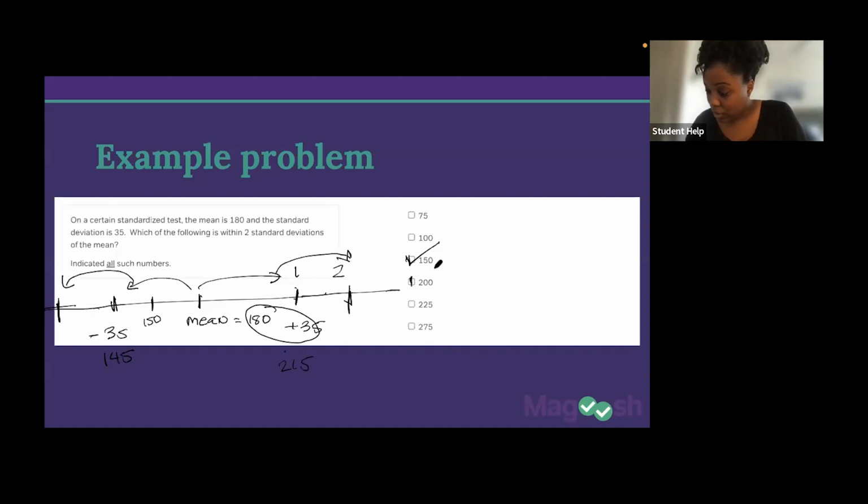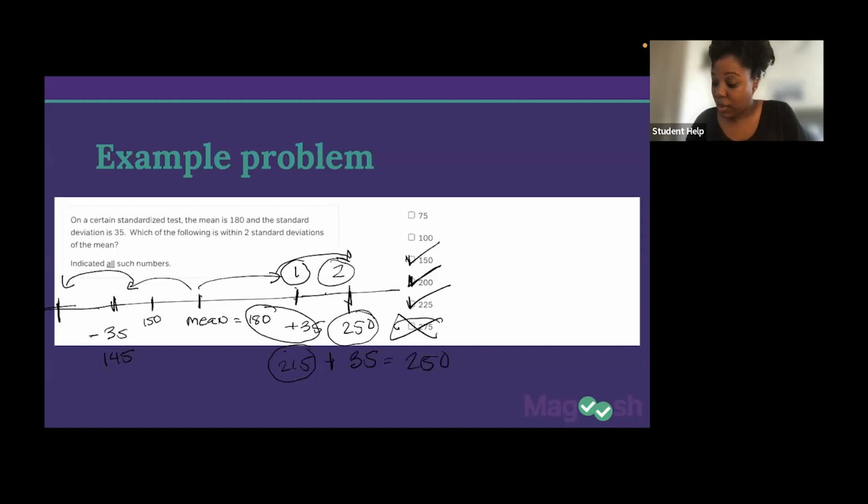So I know 200 is in here, right? If I go another standard deviation and I add another 35, that gives me 250, right? So I know 225 is in here, but 275 is too far, because I've already gone 2 standard deviations over, where this is 250 and this is 215. I could do the same thing to the left.